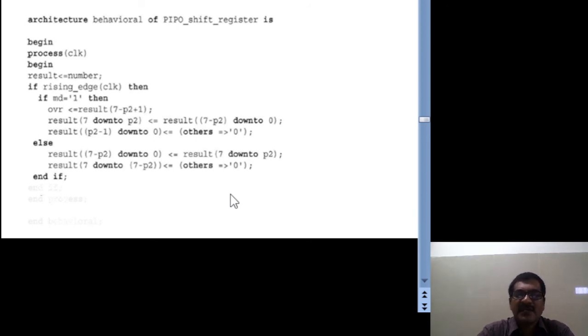That is right shifting, and right shifting gives the division operation. Similarly, the result of 7 down to 5 is assigned with zeros. This is totally a right shifting action. The else part represents the right shifting, which gives the division, whereas before the else the shifting is left shifting, which gives the result of multiplication.